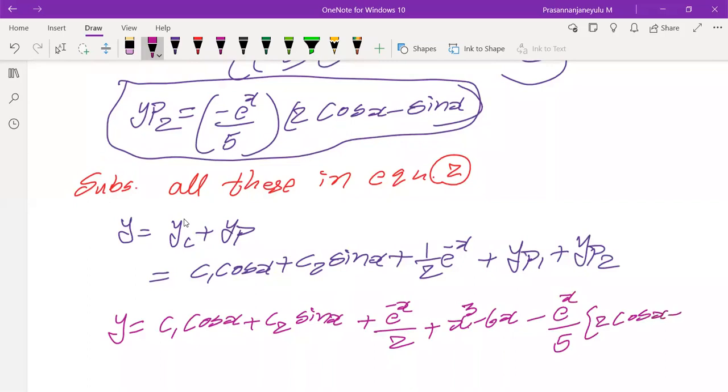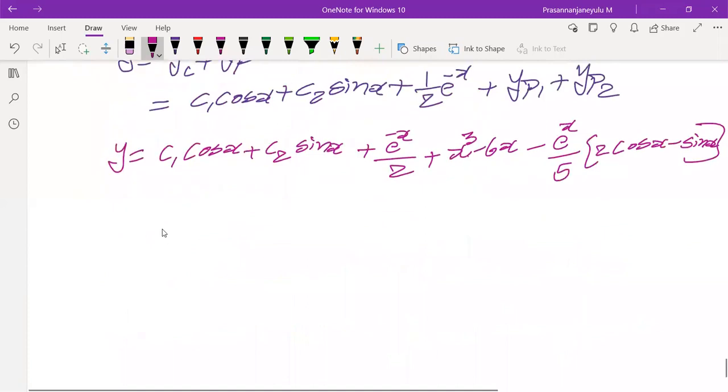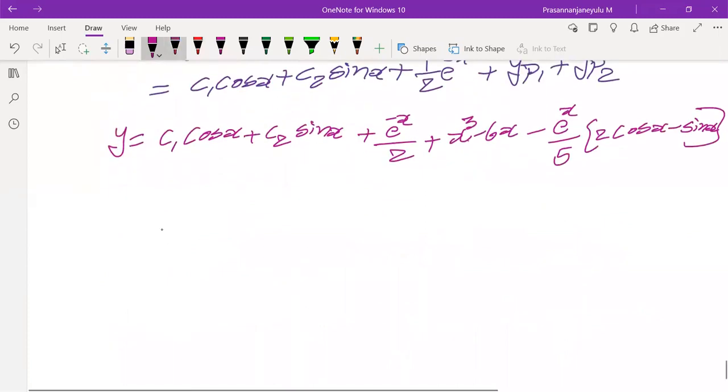Hence, this is our required general solution of the given DE.